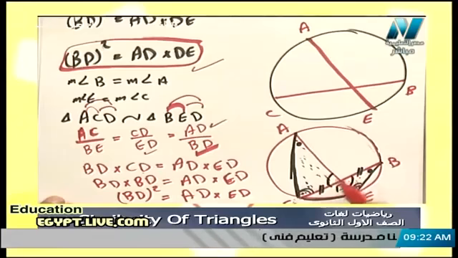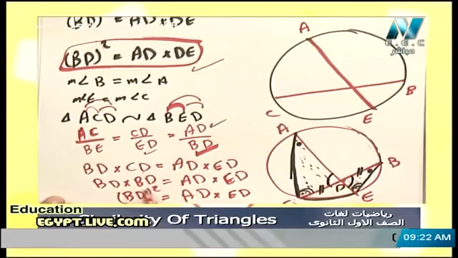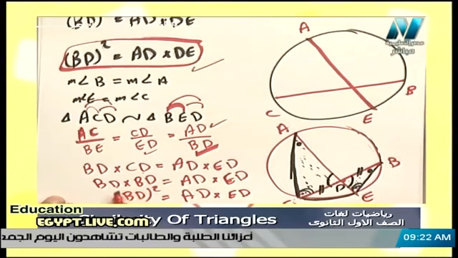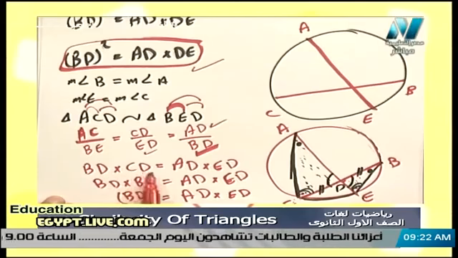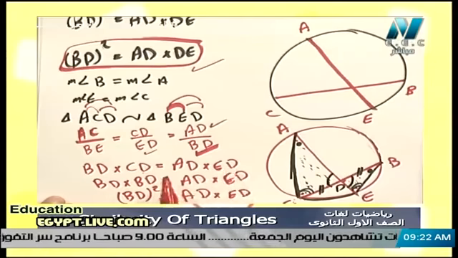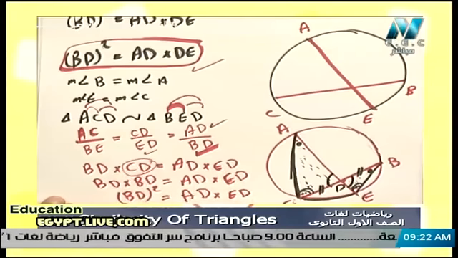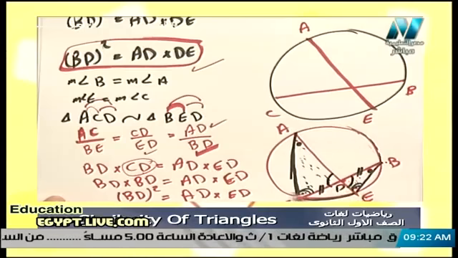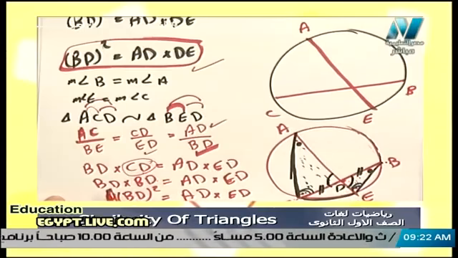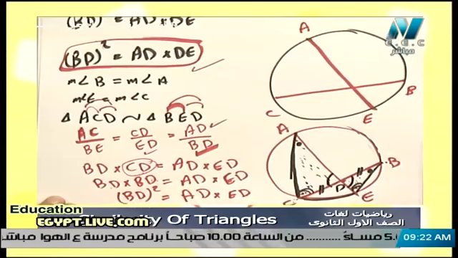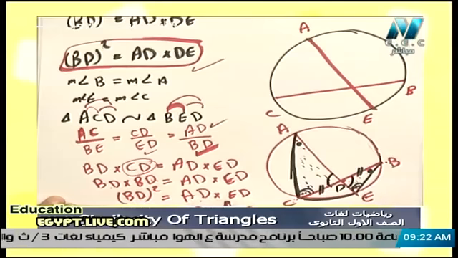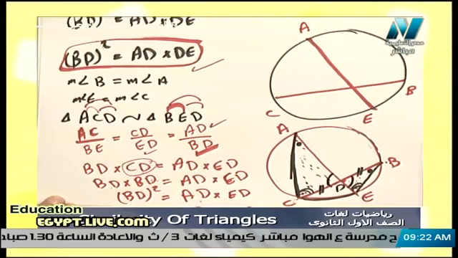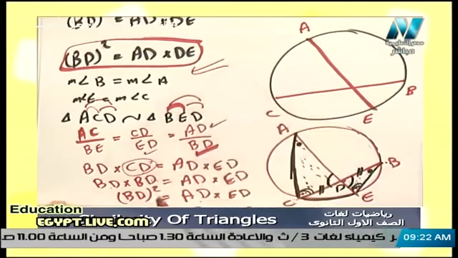So the triangles are similar, and from similarity we have BD times CD equals AD times ED, and we have CD here equal DB from the first, so we can replace CD by BD. So BD times BD equals BD power 2 equals AD multiplied by ED. Okay, and it is the request now.